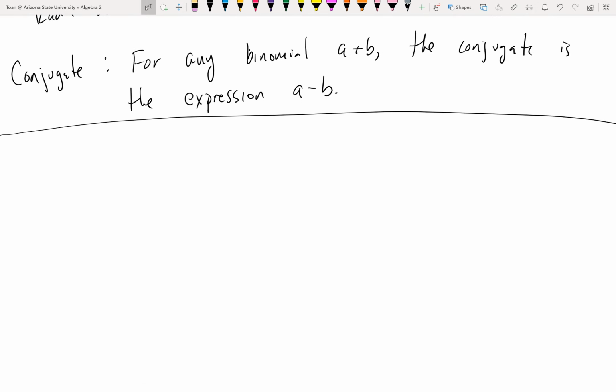Now, since we're going to be using square roots specifically to solve equations, we should be familiar with a couple of properties of radicals. I like to call these the gluing and ungluing properties of radicals.